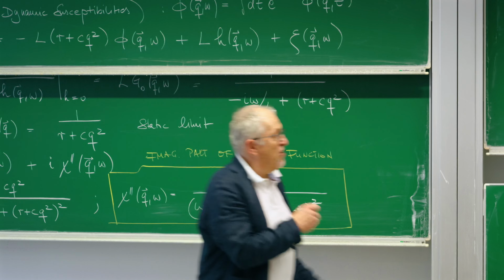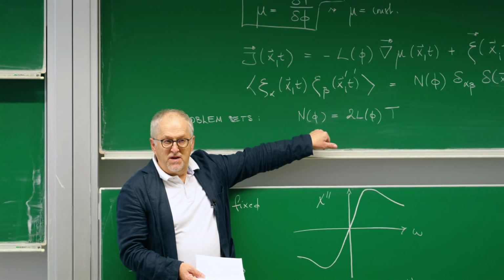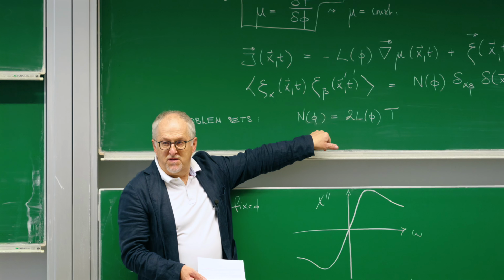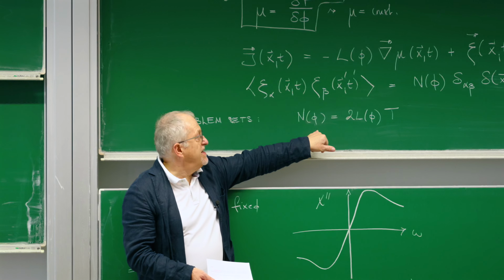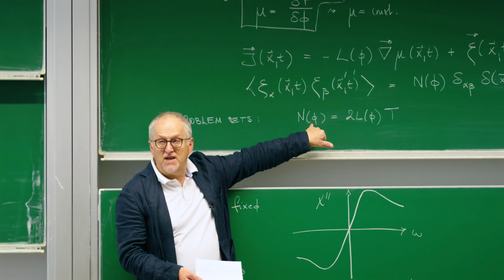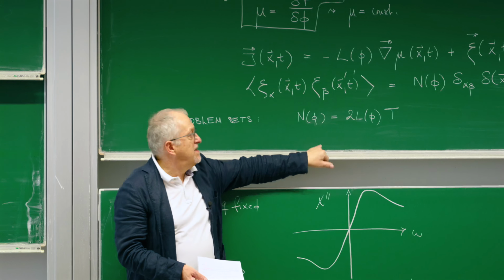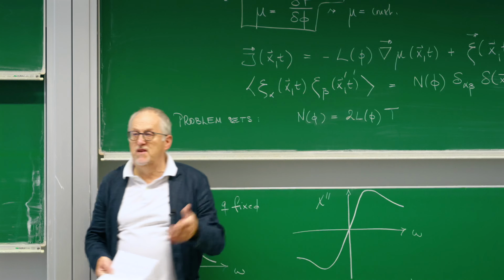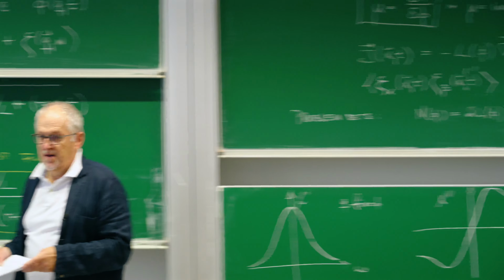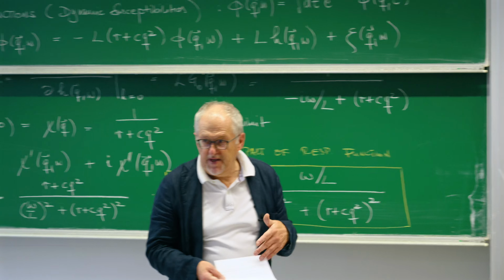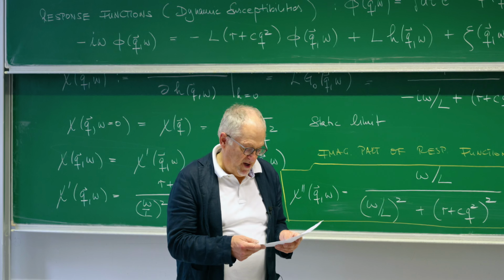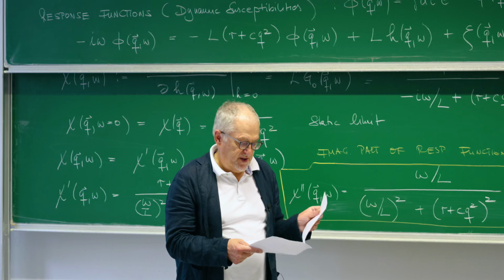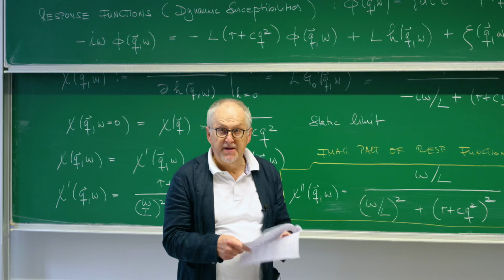You cannot show this with a full dependence on phi using this reasoning based on linearization, because there you need to linearize and you end up having constant N of phi 0 and L of phi 0, which are the equilibrium values. So here it actually becomes necessary to go this different step via the Fokker-Planck equation to show that this is the case.